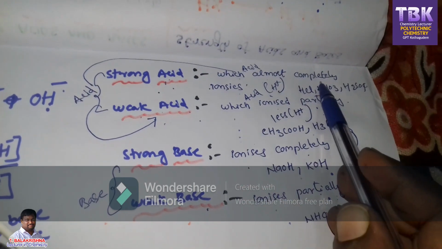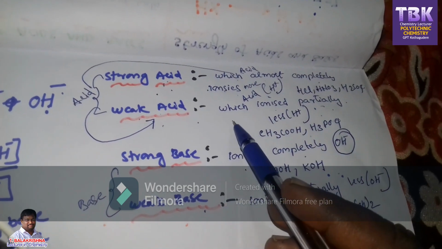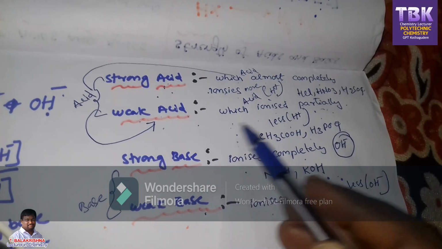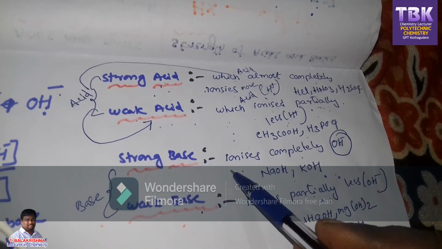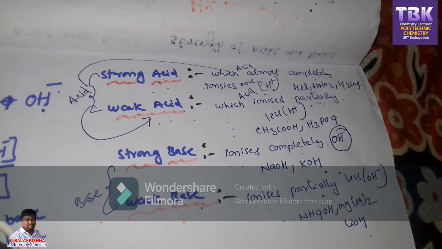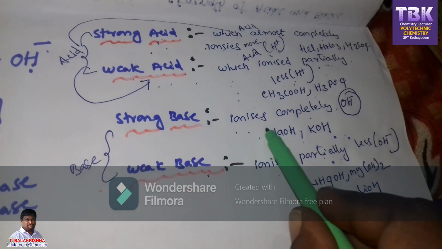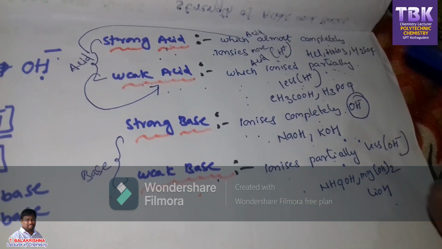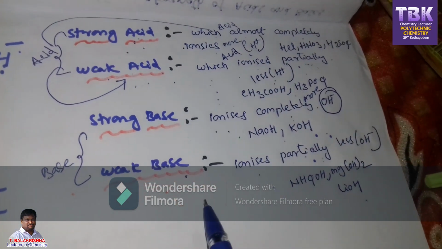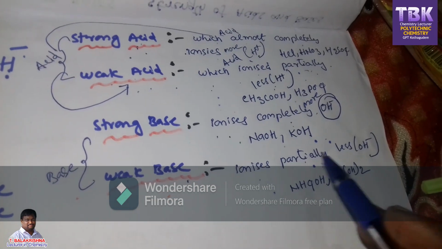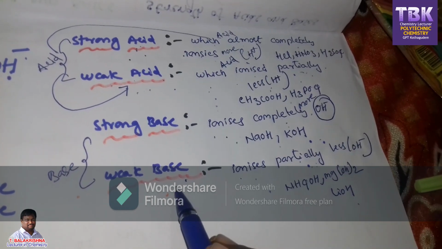The acid which is completely ionized and produces more H plus ions is called a strong acid. The acid which is partially ionized and produces fewer H plus ions is called a weak acid. The base which is completely ionized and produces more OH minus ions is called a strong base. The base which is partially ionized and produces fewer OH minus ions is called a weak base.